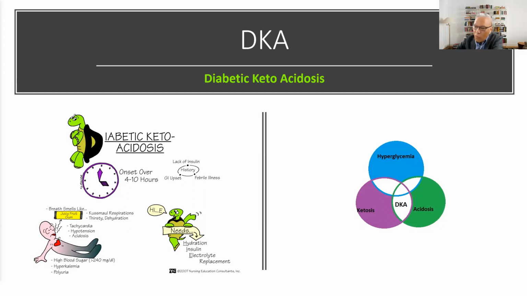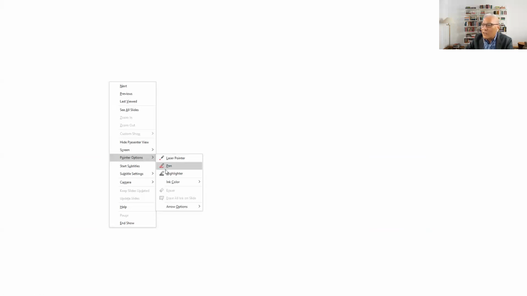So once again, I wanted to go back for clarification on what happens when the metabolic fuel that is utilized is fat instead of glucose. I'm just going to write something over here.